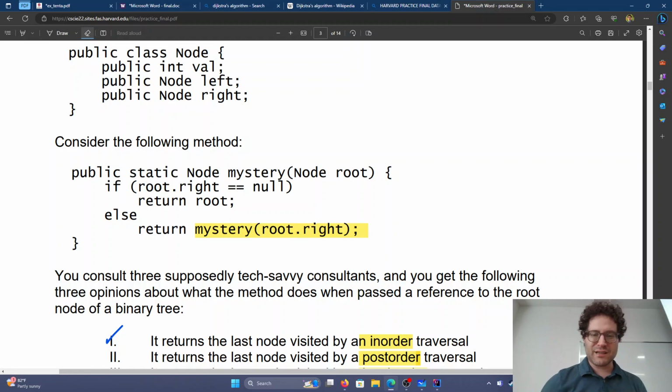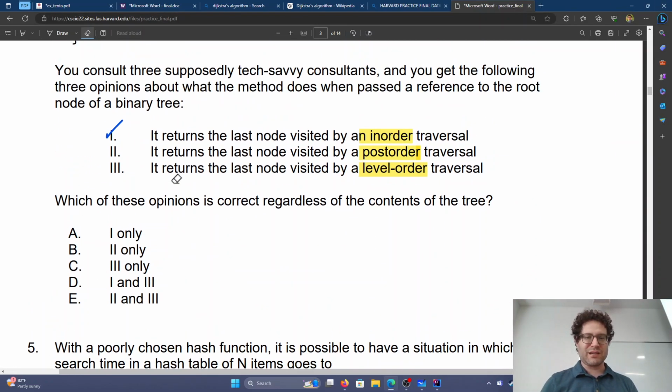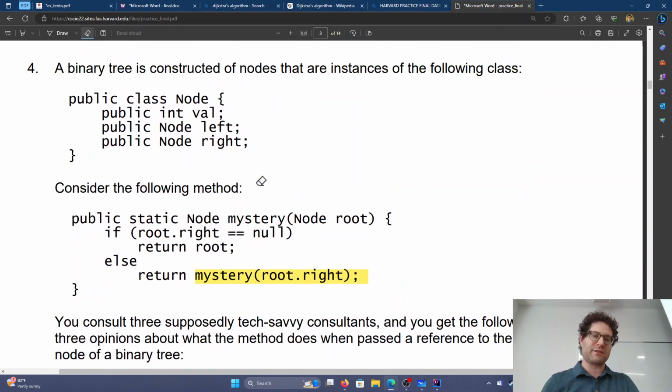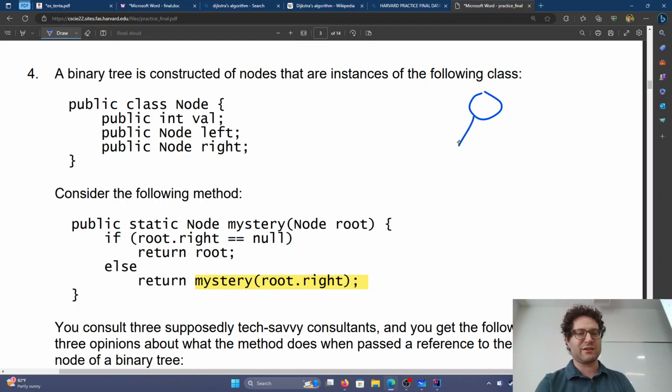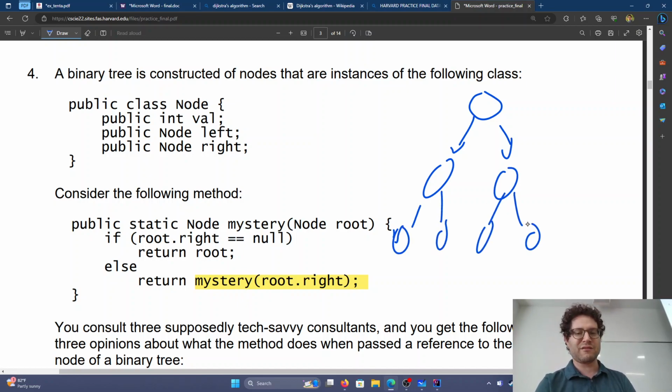Now, finally, let's look at consultant 3. The last node in a level order traversal. Level order is just the fancy way of saying breadth first search. At first glance, and I initially answered this wrong, you'd think, okay, yeah, he's correct. It's going to return this item as well. But if you delete that last item and make it a complete tree, is that still going to be correct?